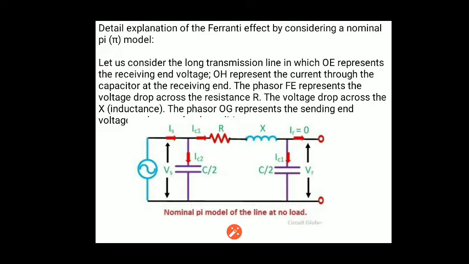The phasor FE represents the voltage drop in the resistance R. The voltage drop occurs across the inductance X. The phasor OG represents the sending end voltage, and Vr is the receiving end voltage, Vs is the sending end voltage, and an AC power supply is connected to the circuit.